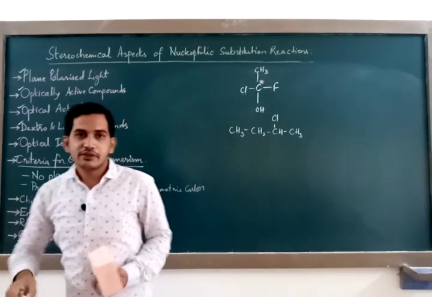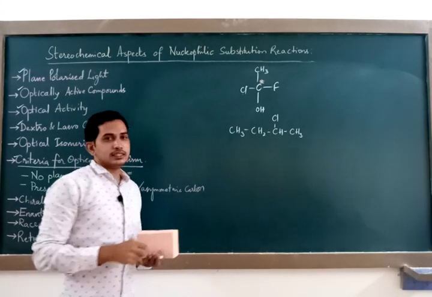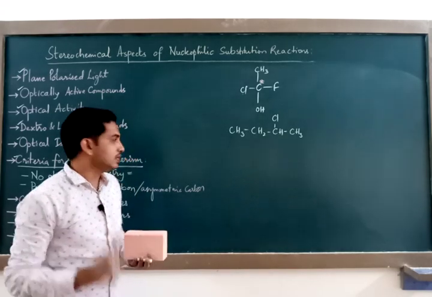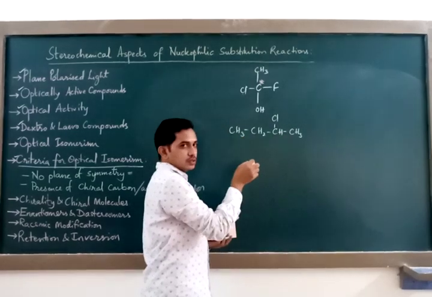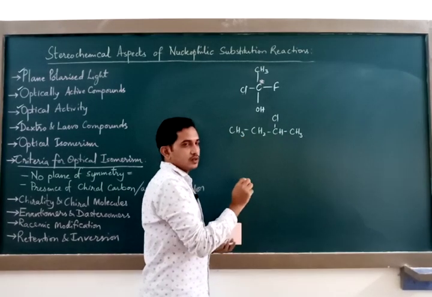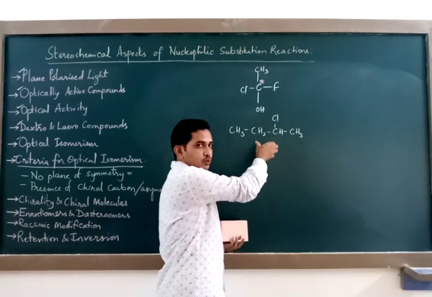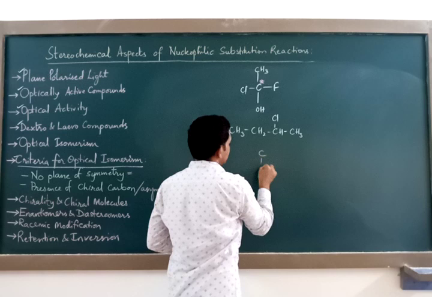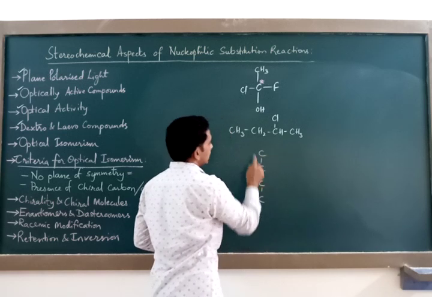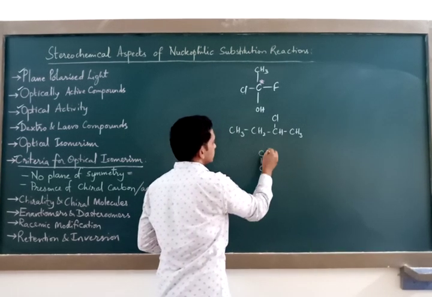Now, how to identify whether a compound contains an asymmetric carbon atom or not? Let us see that first. This is in condensed form, so you write its structural form. There are 4 carbons, 1, 2, 3, 4. Each carbon has got hydrogens.